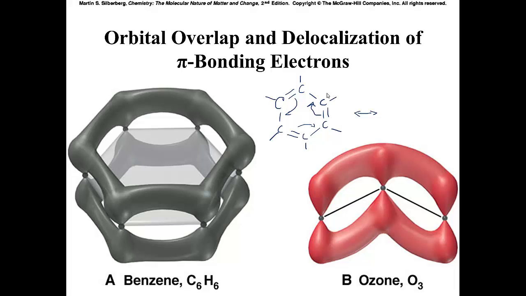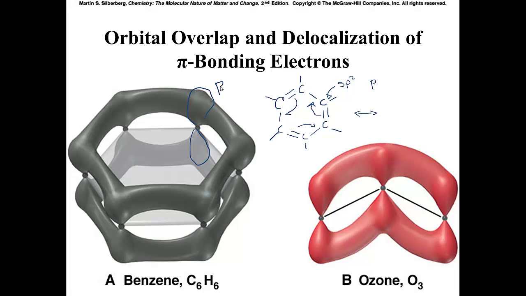Now if I were thinking about how this molecule might bond in the valence bond theory picture, then this carbon right here has three regions around it. So that carbon is going to use an sp2 hybrid orbital. That means that there's a p orbital left over that's unhybridized. And that's what's shown here on this carbon atom by these blue lobes, these two lobes that I'm drawing in here.